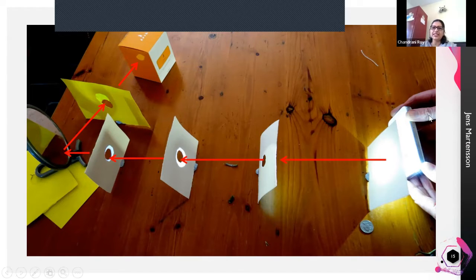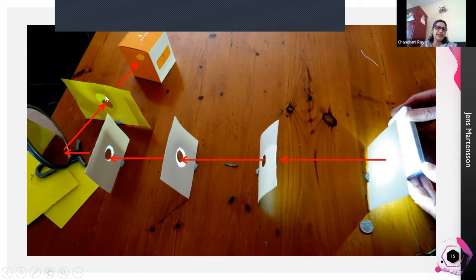So you can see the source of light here is the torch of a mobile phone, and instead of these, again we can have CDs here. This particular activity has bits of paper, and then there is a mirror here and another surface with a hole, and this box acts as a screen.